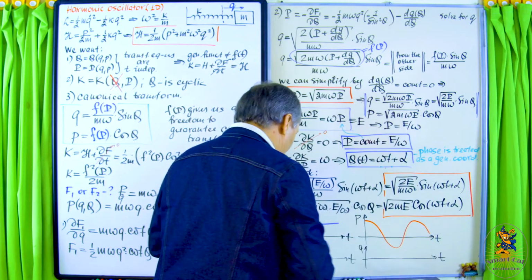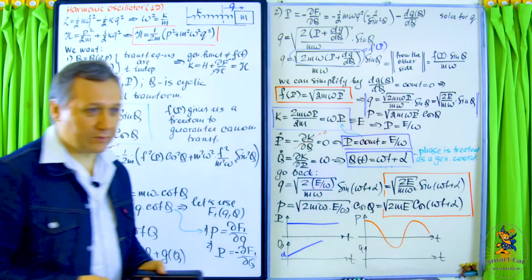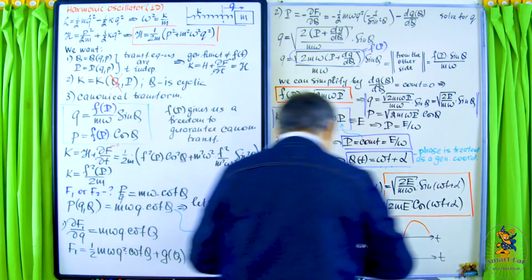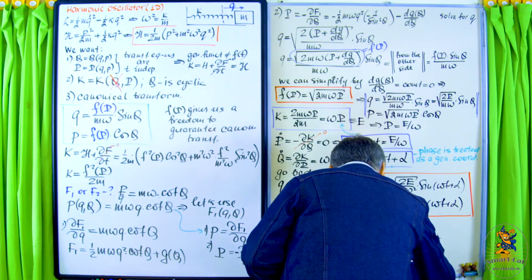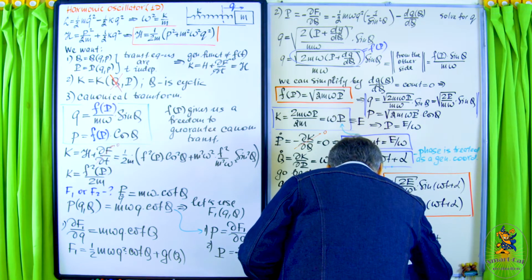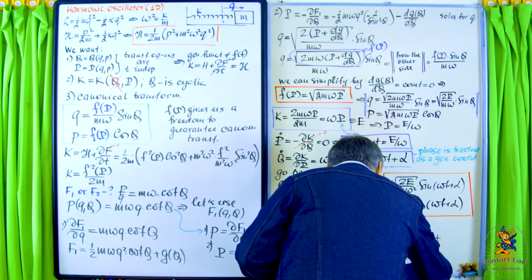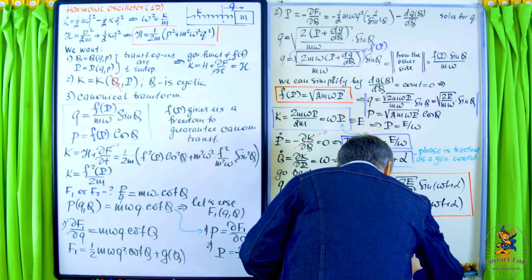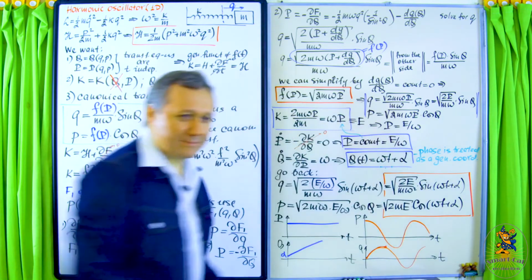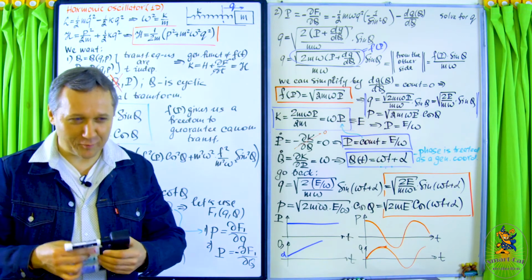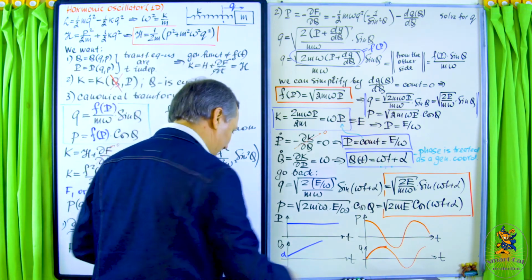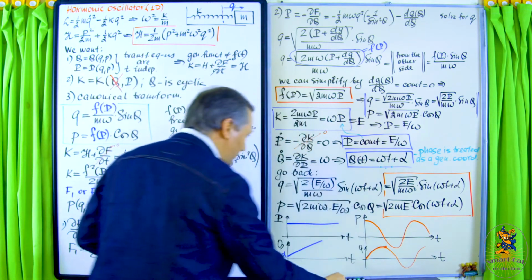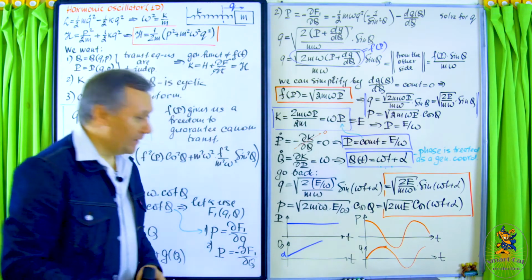And then if you overlap, shifted by pi over 2, you will end up with something like this. Here you'll have the maximum. It's difficult to draw, but of course you can draw sine and cosine easily.